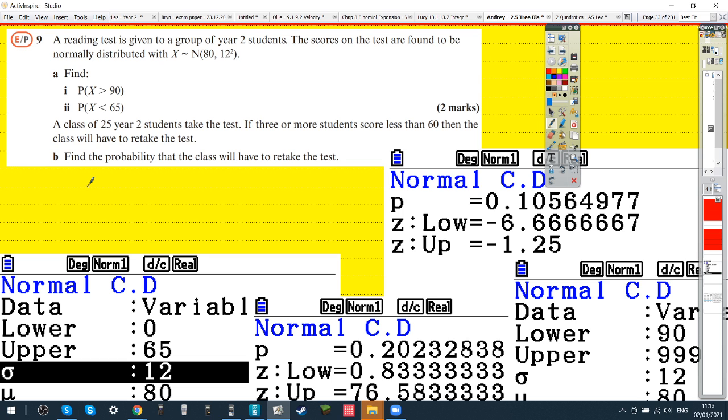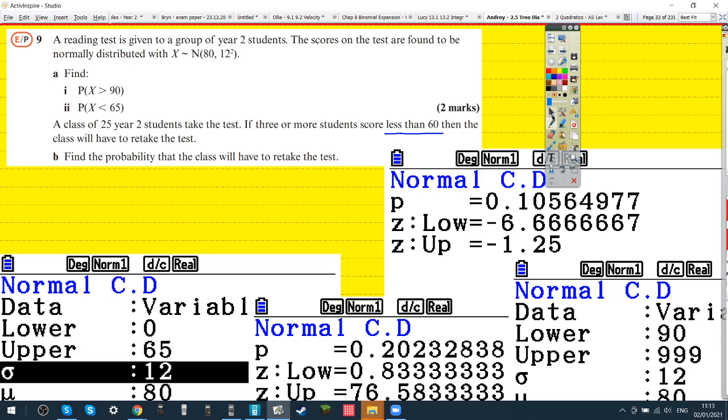So is it now going to be normal or binomial distribution? We need the probability of less than 60 though. So mean is 80.